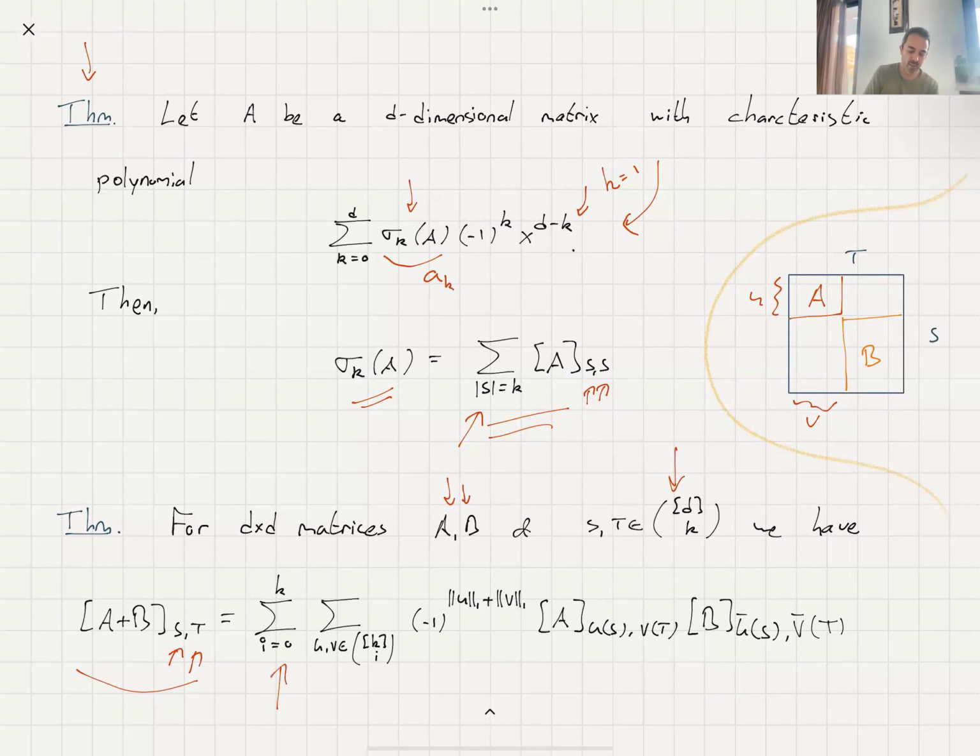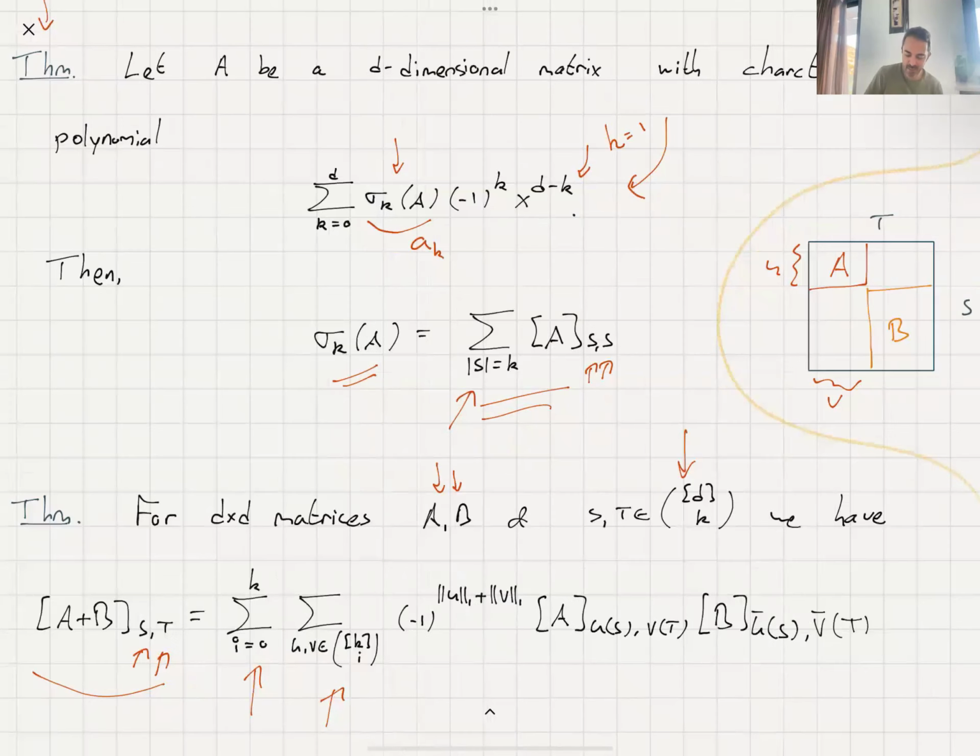You should go over all numbers i from 0 to K, and then you go over all subsets U and V of 1 to K of size i. And then there is this sign that depends on the elements that appear in U and V. But what you should do is take the indices from S according to U, indices from T according to V, and take the corresponding minor of A. And same for B. For B, you need to take the indices that you didn't take.